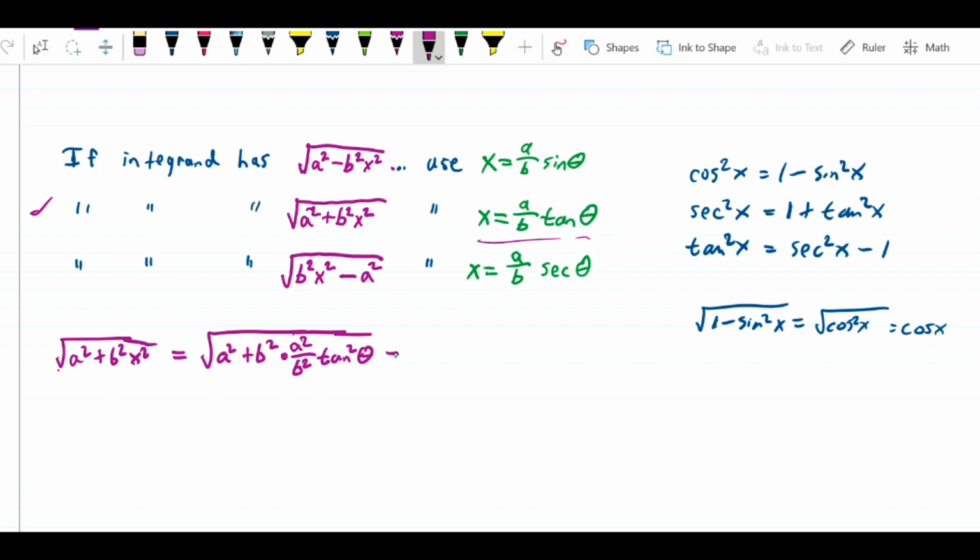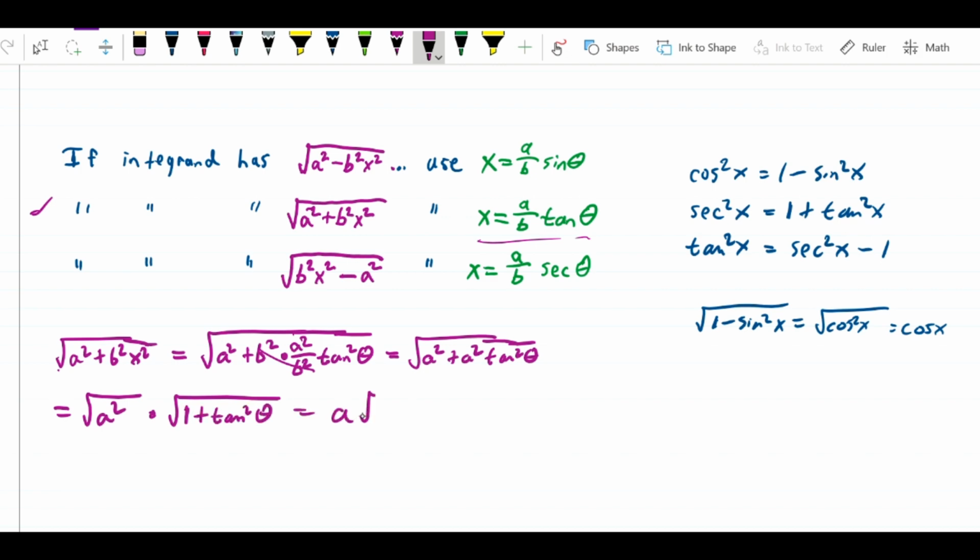Now let's simplify that a little bit more. These b squareds are going to cancel, giving me a squared plus a squared tan squared theta. And I can now pull out a factor of a squared, so that's going to be the square root of a squared times the square root of 1 plus tan squared theta, and that just equals a times the square root of 1 plus tan squared theta, which equals a times the square root of secant squared theta, which equals a secant theta.